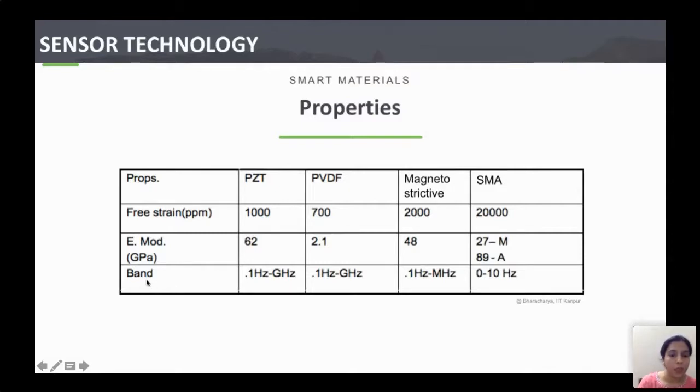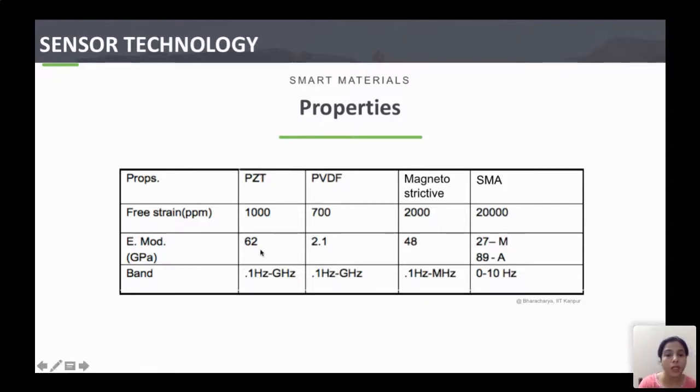Then if you see the frequency band, PZT materials can operate in a very high frequency band as compared to the other materials. The SMAs have a very low frequency band, so definitely they cannot be used as sensors. So this is the reason why piezoelectric materials can be used both as actuators as well as sensors.